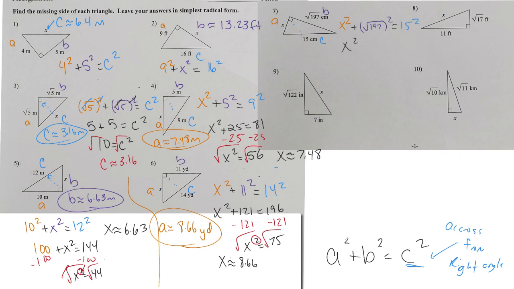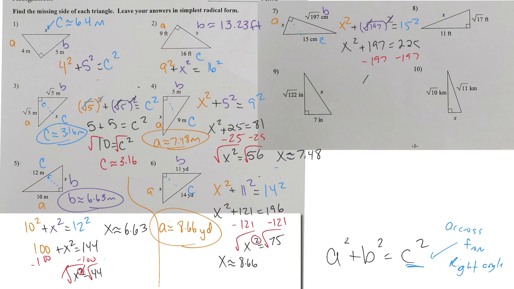So I have X squared. Remember, if you square a square root, they cancel each other out. So you're just left with 197 equals 225. So now, pretty easy, I minus 197 from both sides. Remember, you have to get rid of the addition first. So I do 225 minus 197. I end up with 28.